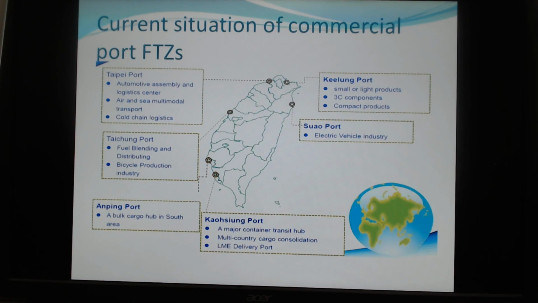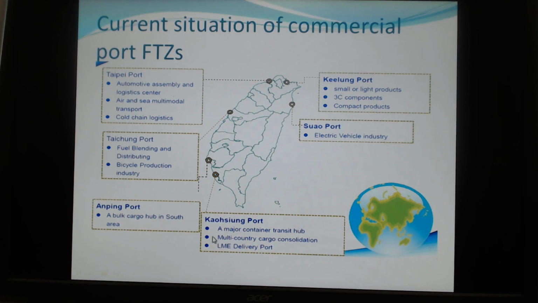Okay, here is our location. So you can see that this is a free trade zone in the north, and Suao is in the east, and also we have the Taipei port, and you can also see Taichung port, Anping port and the Kaohsiung port.